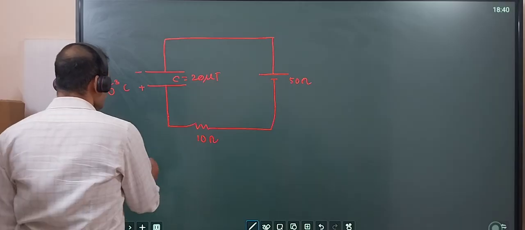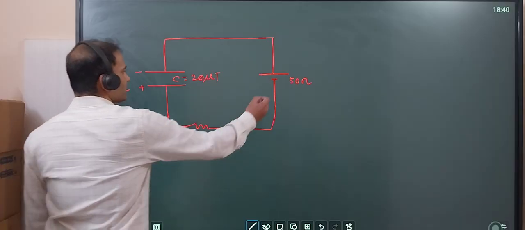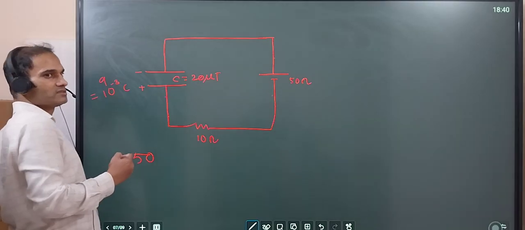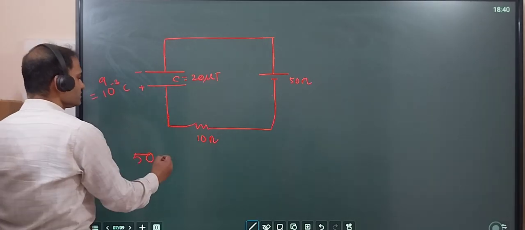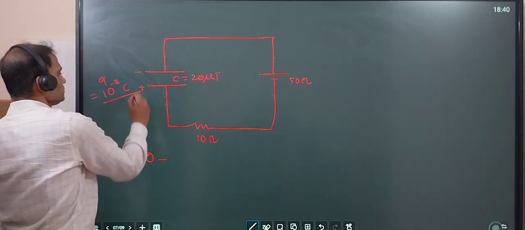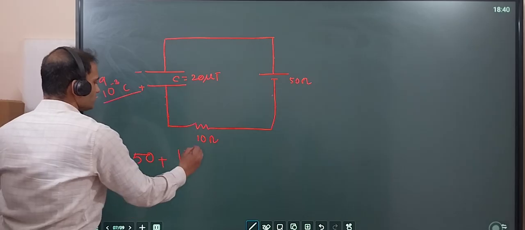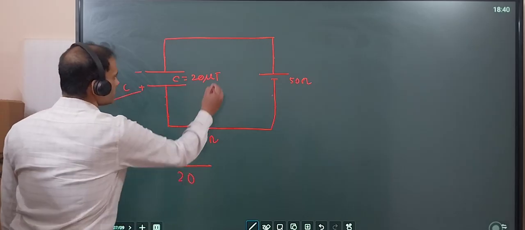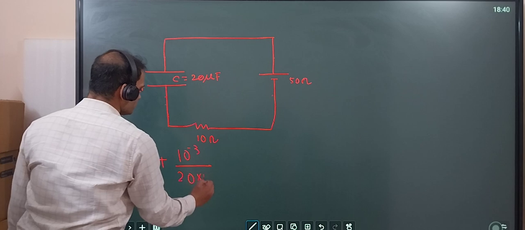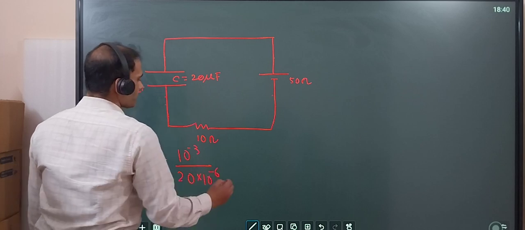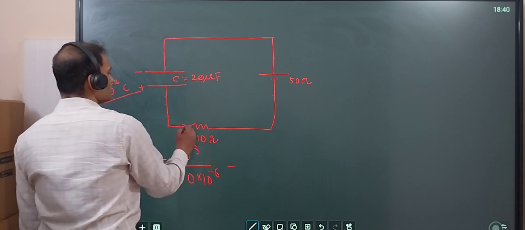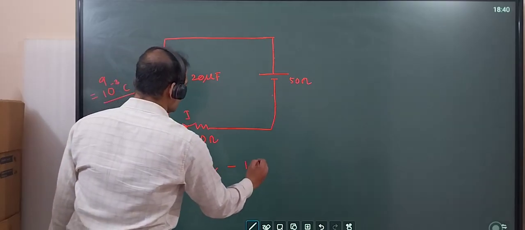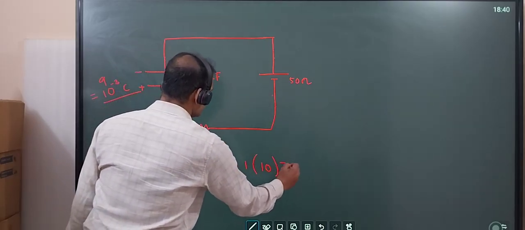So this is plus 50 volt, and this is also plus, it is increasing. So Q by C, Q is 10 to the power minus 3, and C is 20 microfarad, minus IR, R is 10, that is 0.